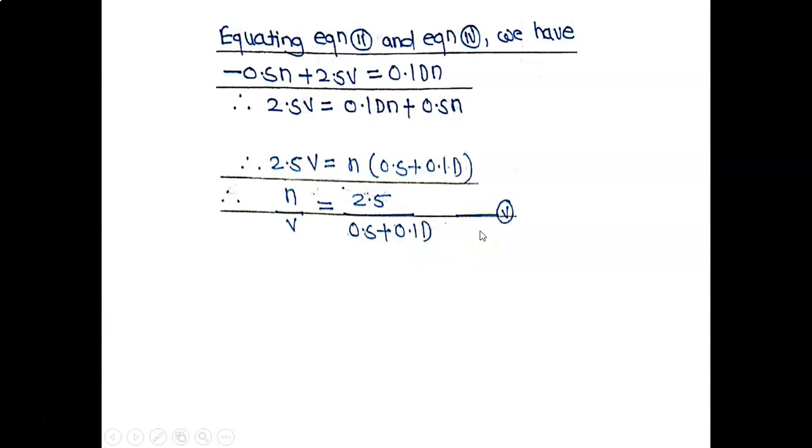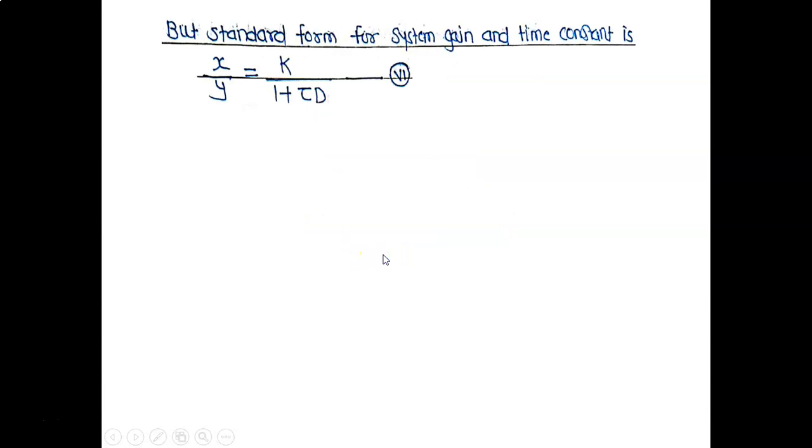Now what we have to do? Here in the denominator, always remember, the first value here should be equal to 1. Instead of 0.5, we have to obtain this value equal to 1. Therefore, we will divide numerator and denominator by 0.5. This is our standard form of equation for system gain and time constant.